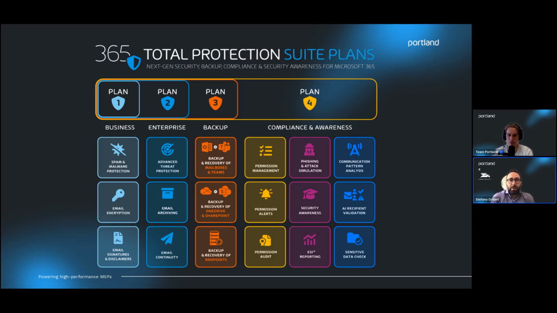Then we have what we call the compliance section, which will allow you to audit and implement some security rules. Here you can see that we have what we call the permission manager on SharePoint and OneDrive shares. The goal is to identify with whom you are sharing files, who has access to these files, and whether the people that have access to these files should actually have access.